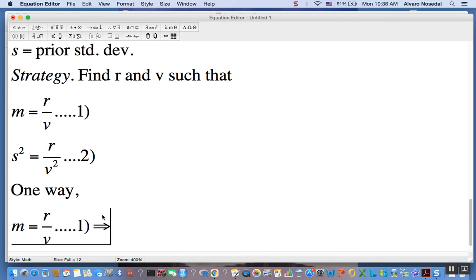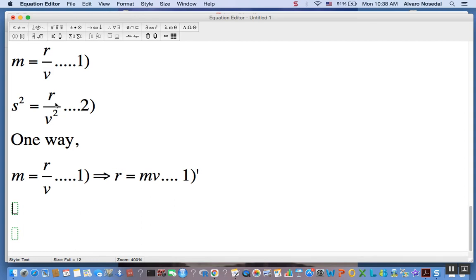So R equals M times V. That will be our new equation. Let me call it 1 prime.